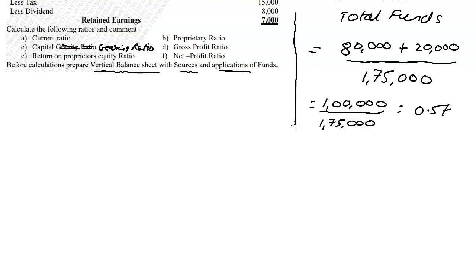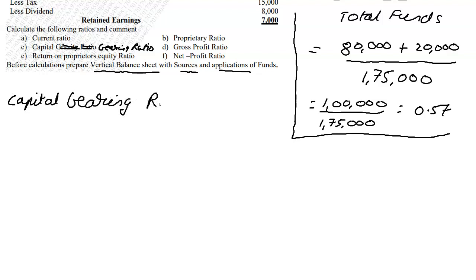Okay, so now I am going to continue here. Our next one is the capital gearing ratio. And keep in mind, capital gearing ratio formula. It is similar to debt equity ratio, but not exactly the same. Many times you'll get the same answer though.